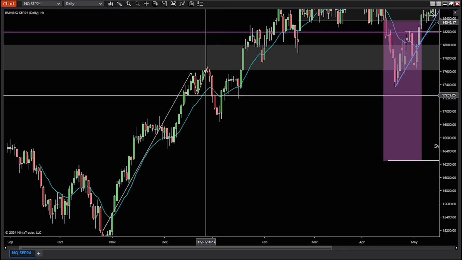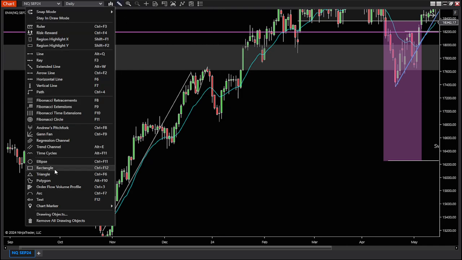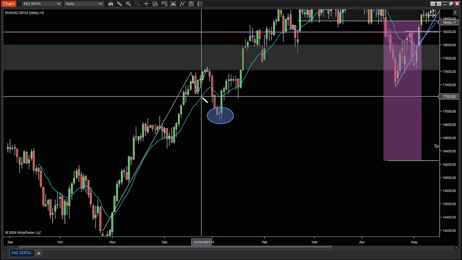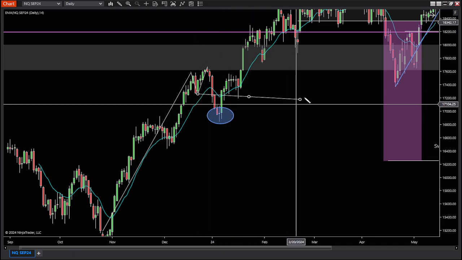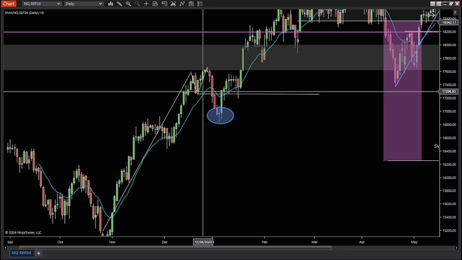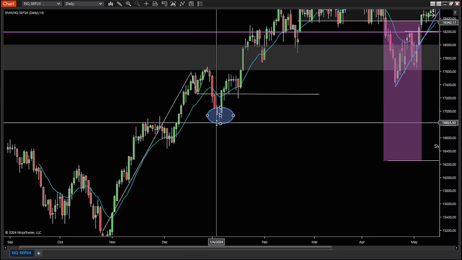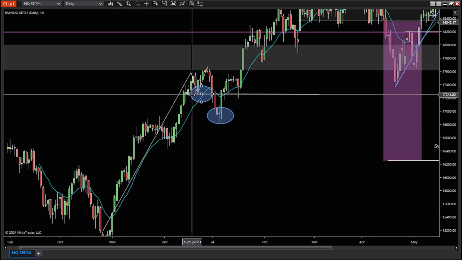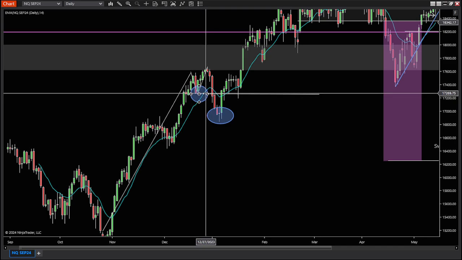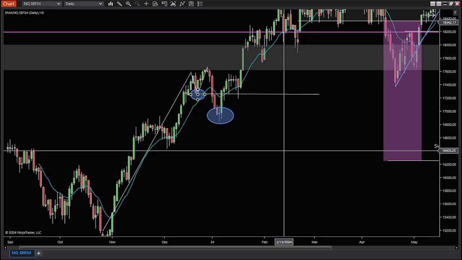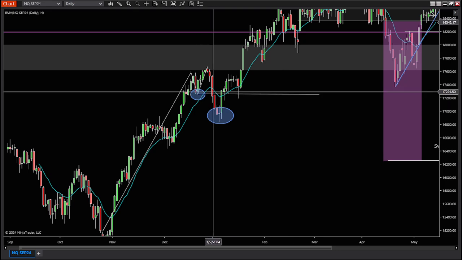That means all the sellers coming in in this area, as we're separated from the EMA, are getting trapped. Ultimately, anybody shorting below this swing here, below this, anybody shorting below here is getting trapped. But what really gives you a good trap is the separation from the EMA.